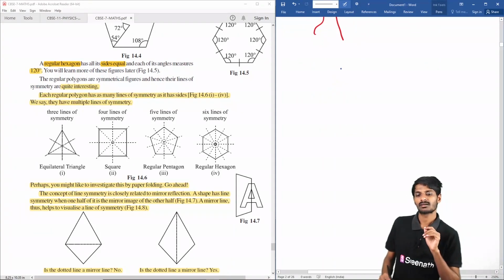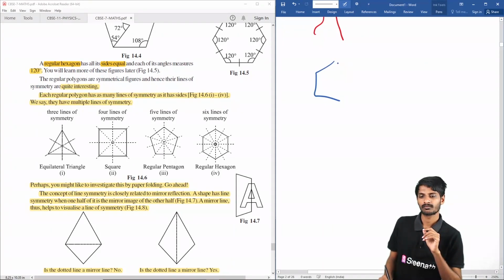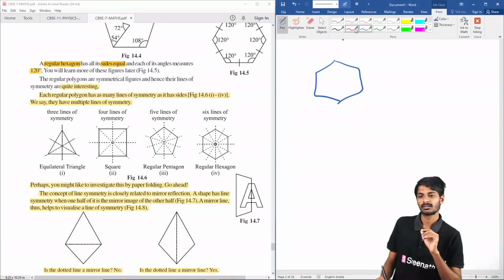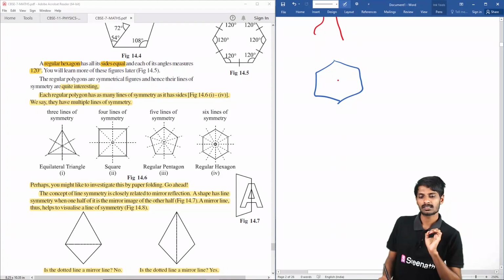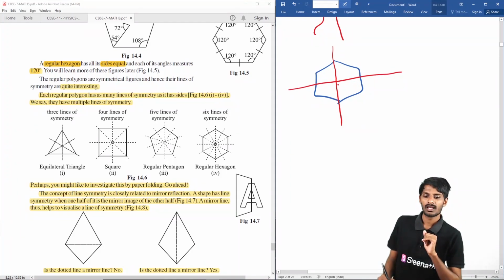Next is about the regular hexagon. It is the regular hexagon we are having. In this, if you see, it is the one line. Along this line there is a symmetry, and along this line there is another symmetry, and along this line also there is a symmetry.